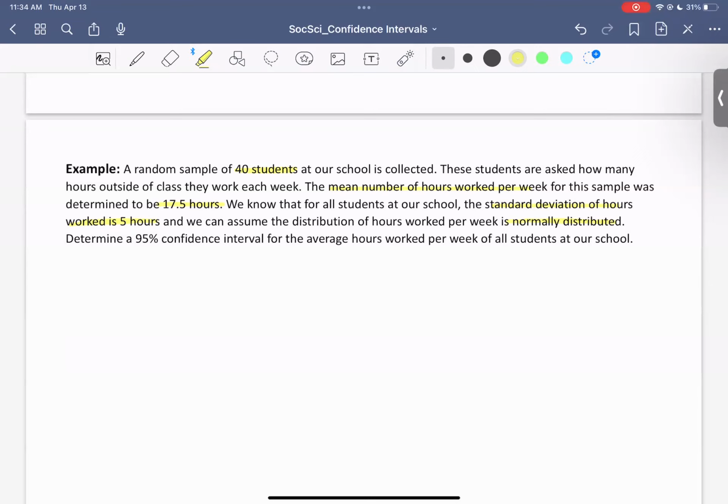And we're asked to compute a 95% confidence interval for the average hours worked per week of all students. So that's our end goal here, to find this confidence interval to predict the average hours worked per week of our population. And we need to find an interval with 95% confidence. Okay, so let's go through the conditions to make sure that we can use our formula.